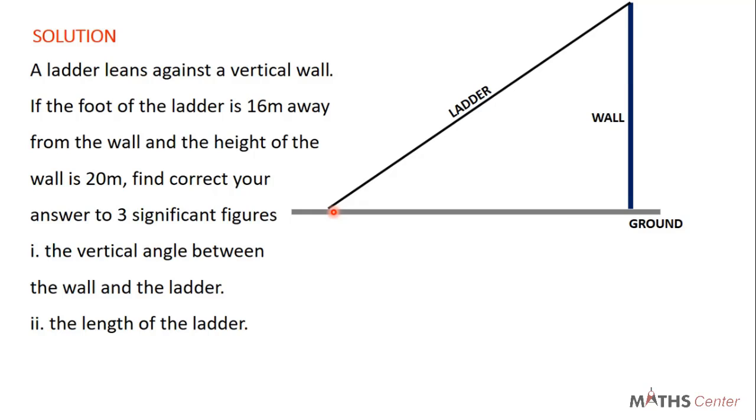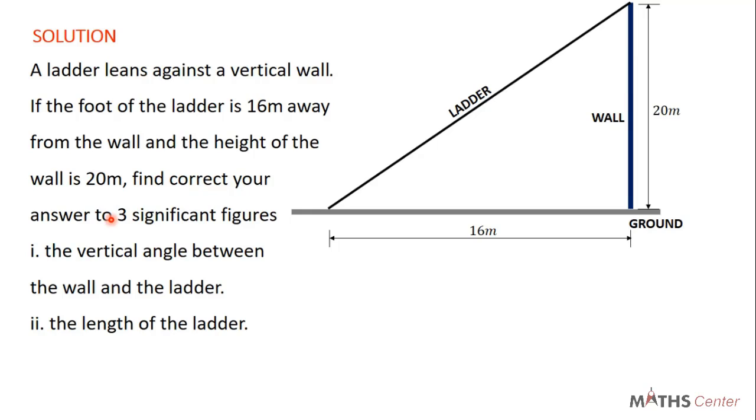So from the foot of the ladder to the wall is 16 meters. It means that from this point here to this point is 16 meters. And the height of the wall is 20 meters. So this wall is also 20 meters high.